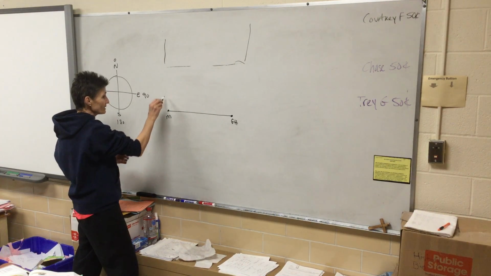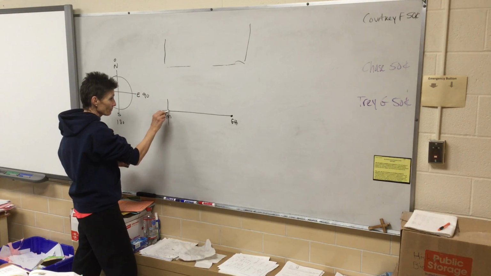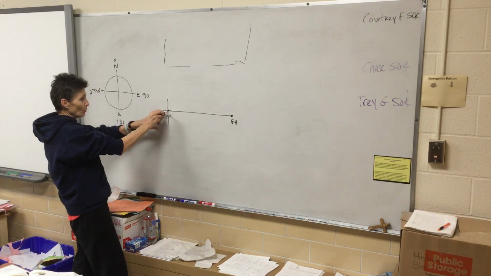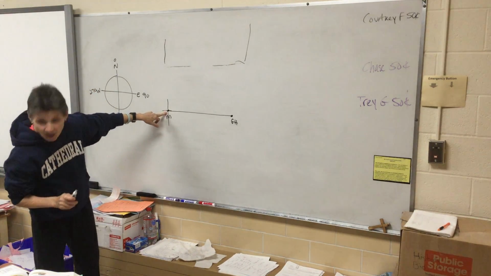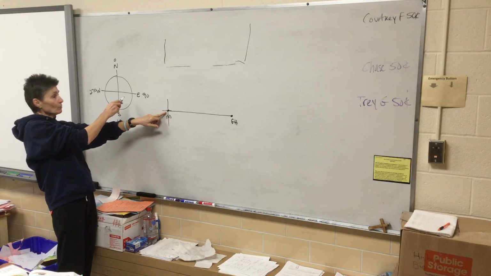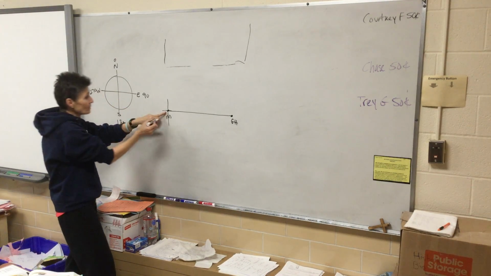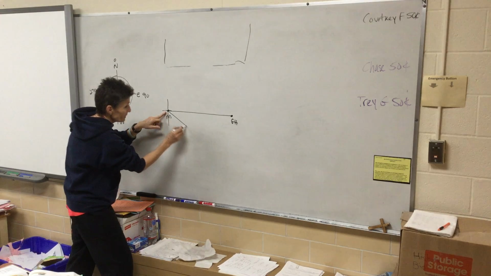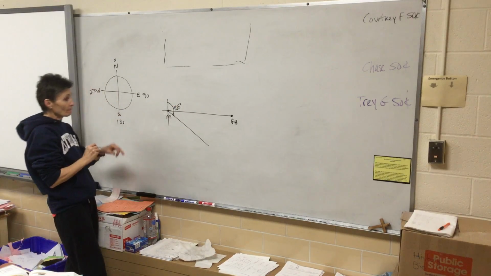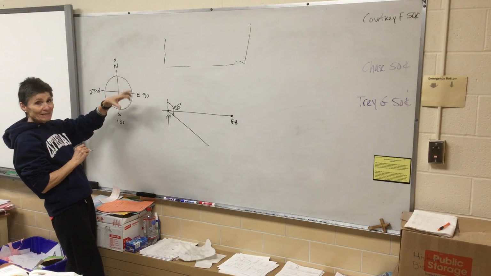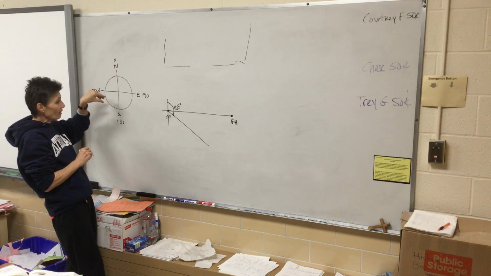So a boat is leaving Milwaukee. Here's my compass, Milwaukee, we're starting right here, on a course of 105 degrees. Now look at your compass. 105 degrees would be like this. Remember, if we're doing navigation, we're using this setup.